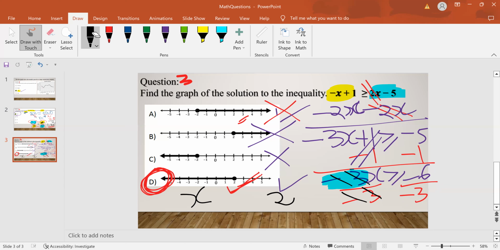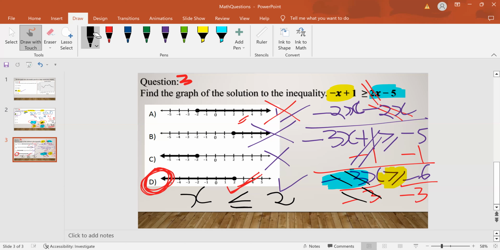Yes, that's also important: negative divided by negative changes to positive. Now, the tricky part. What's going to happen to this symbol, the greater than or equal to? We're going to flip it, and if you flip it, it changes to less than or equal to.